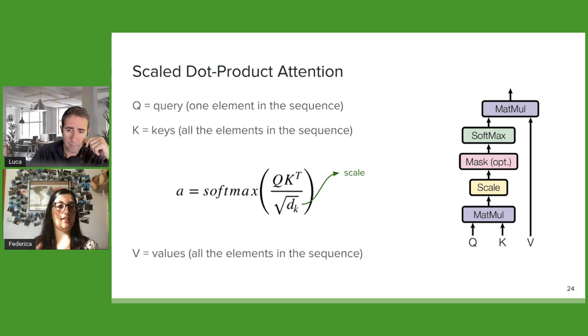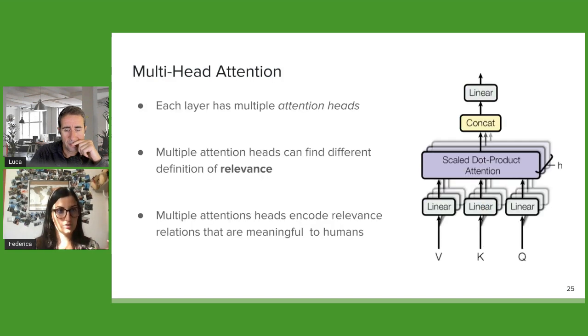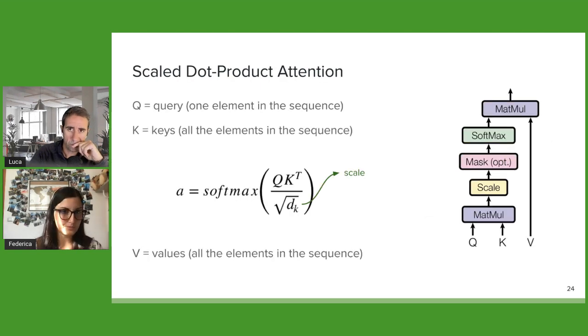And this is a single head, but what we have is multi-head attention. So we have this repeated several times. In each layer of attention, we actually have multi-head attention. And this, once again, is done because you learn different representations, so different weights.